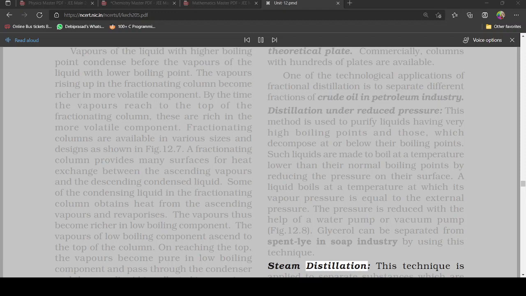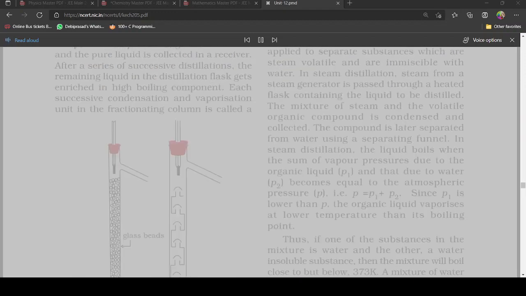Steam distillation. This technique is applied to separate substances which are steam volatile and are immiscible with water. In steam distillation, steam from a steam generator is passed through a heated flask containing the liquid to be distilled. The mixture of steam and the volatile organic compound is condensed and collected.